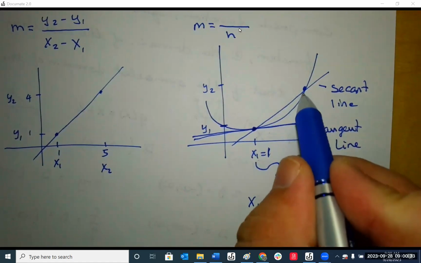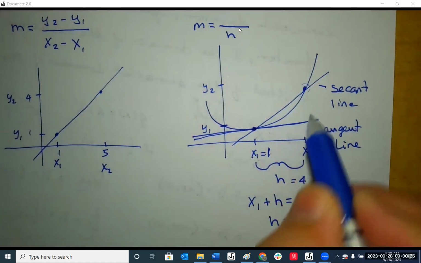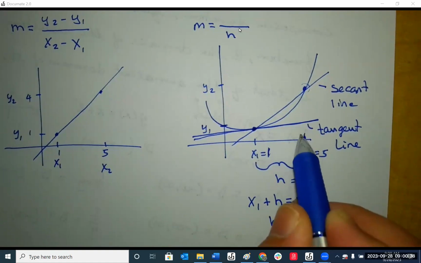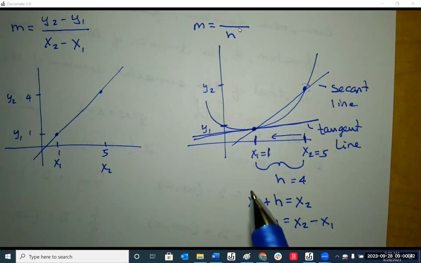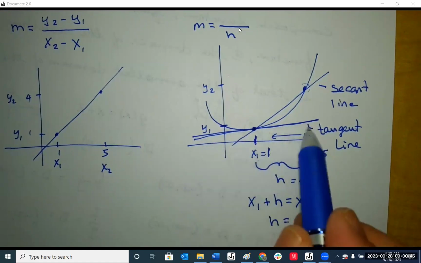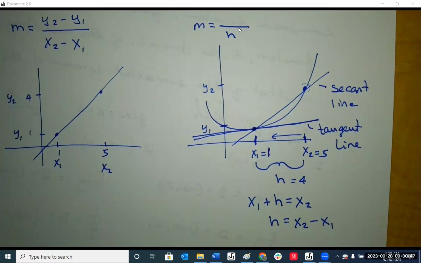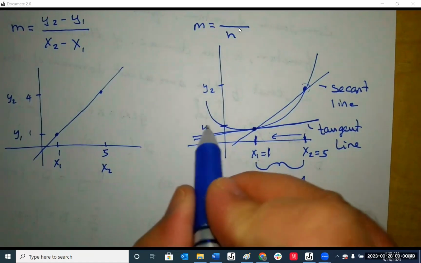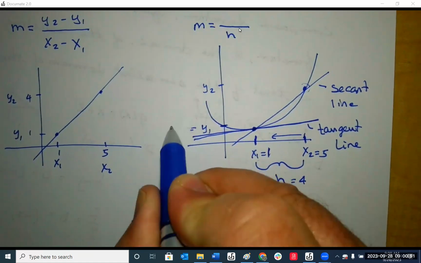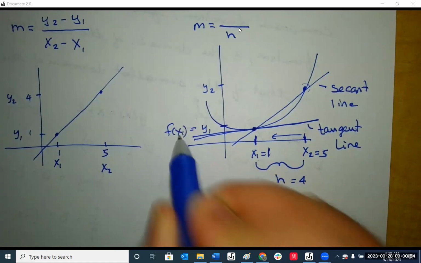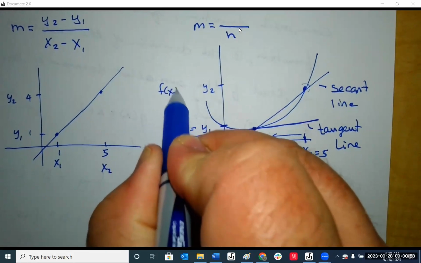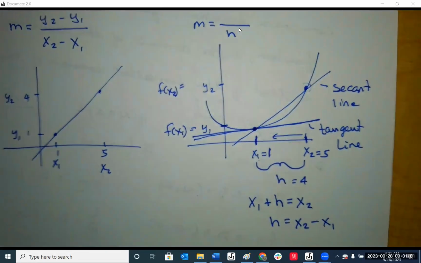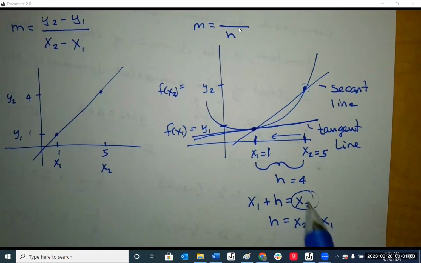What we want to do is move this x value closer to this one, because we only want the line touching at one place. So remember, this one is f of x1. This one is f of x2. But remember, x2 is x1 plus h.